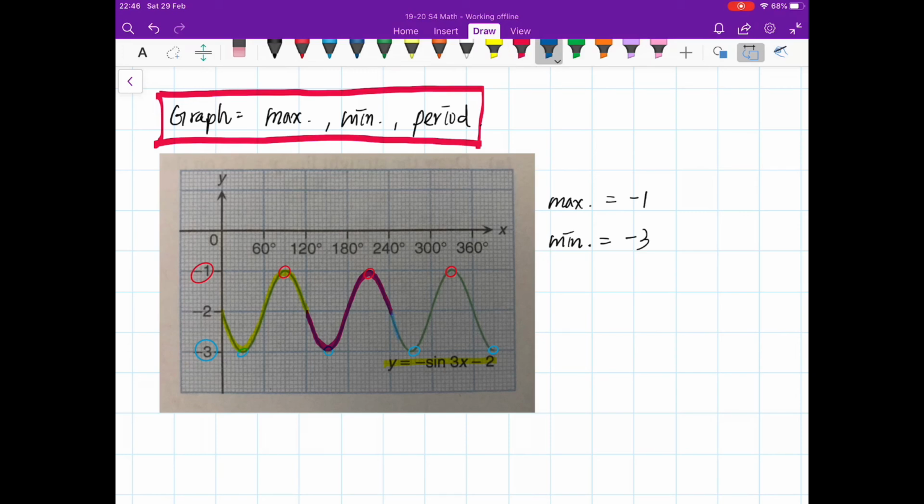And finally, okay, and for the fourth one. Okay, as you can see, for the curve, it uses 120 degrees to repeat itself. Then we will say that the period is equal to 120 degrees.